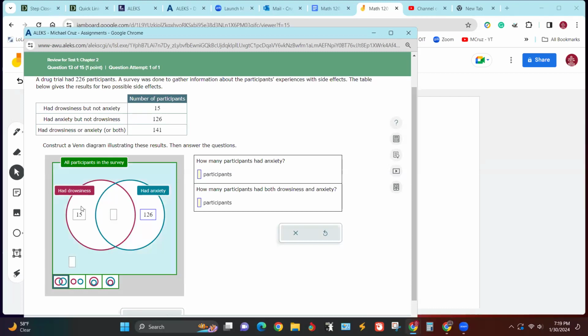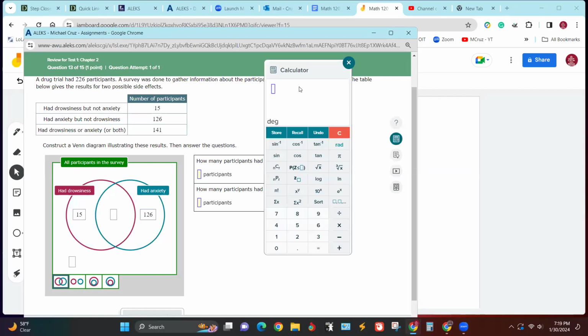This says drowsiness, anxiety, or both. So what we're going to do is add up 141, and then we're going to subtract from 226.